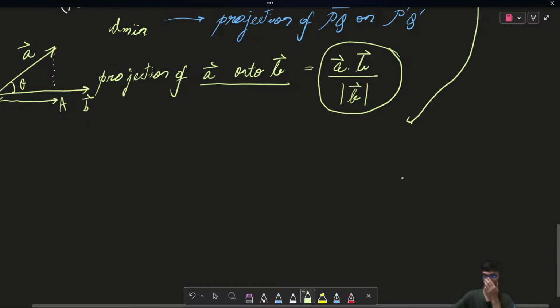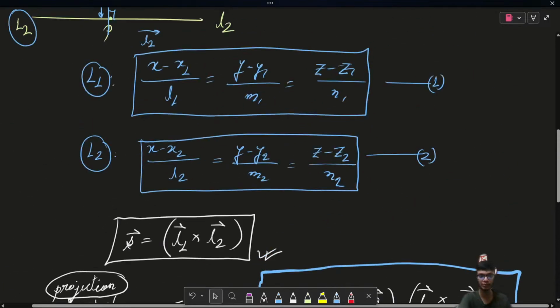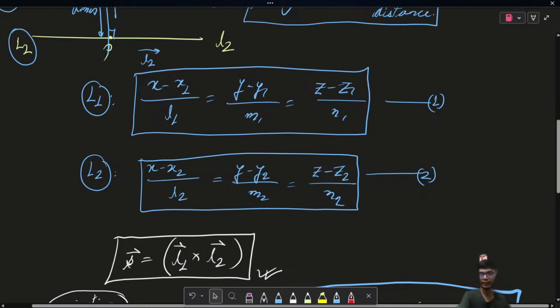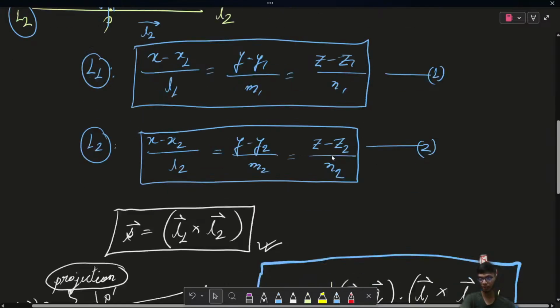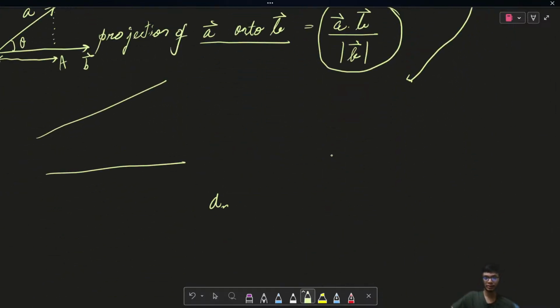Since I have the line in the Cartesian form given as follows, equation one and equation two denote the lines in the Cartesian form. Therefore, this particular system is given by that expression, which if you do it, you will definitely get this particular result.